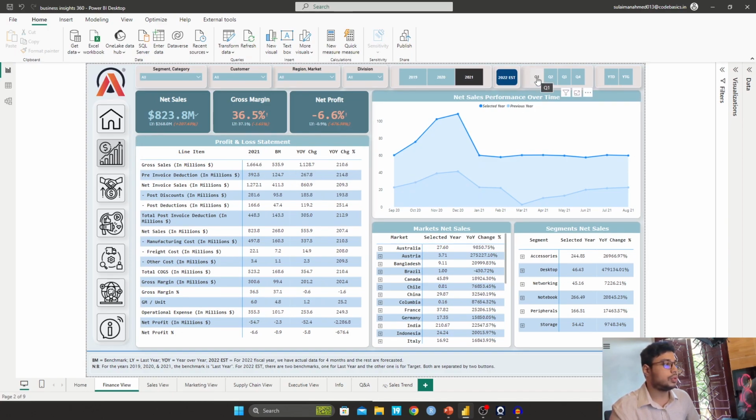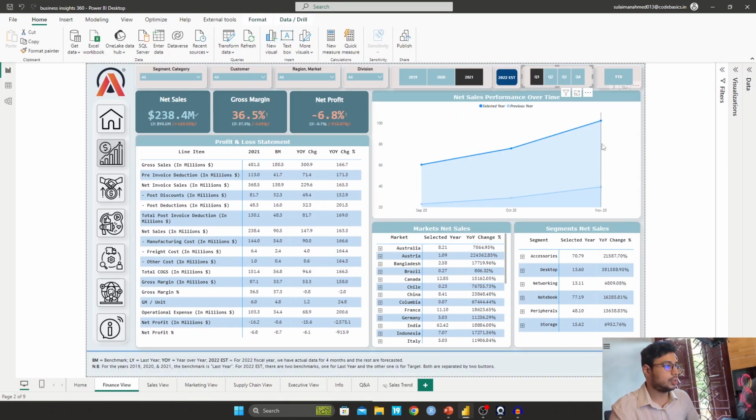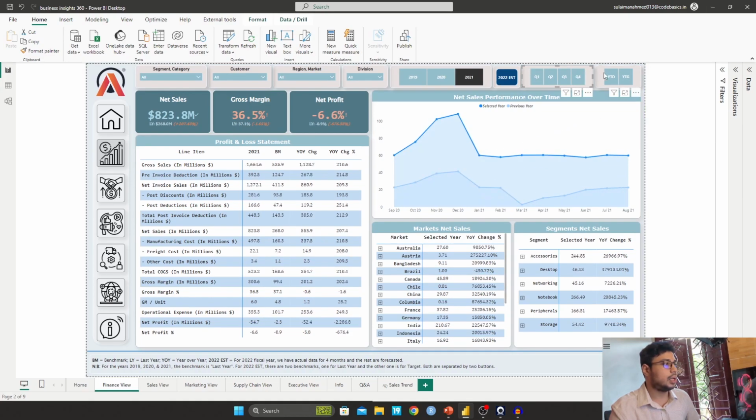I have also used a slicer for quarters: first quarter, second quarter, third quarter, and fourth quarter. And here are also year to date and year to go. The thing about year to date and year to go is that our fiscal year starts in September and ends in August, so two separate calendar years are connected.